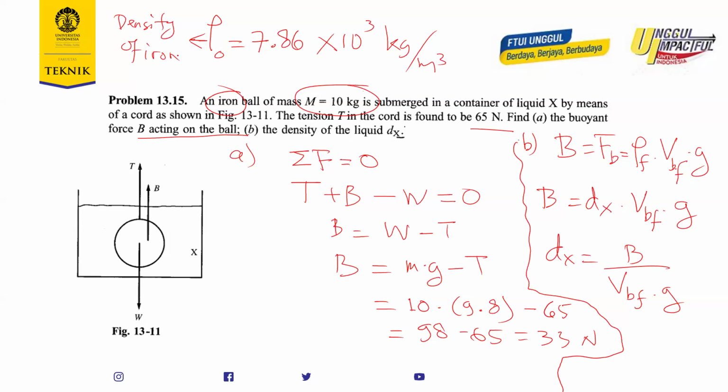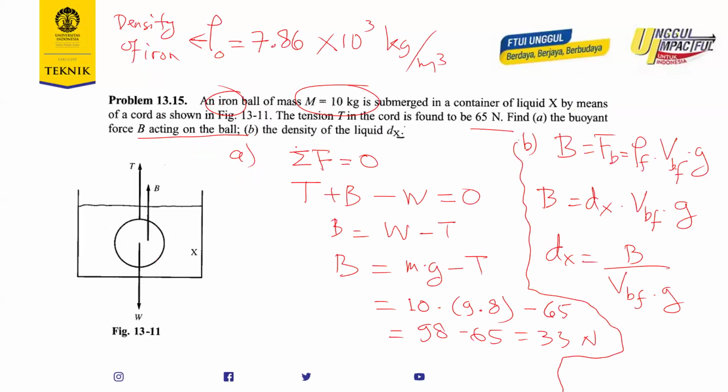So we can calculate the volume first. The density of the object is the mass of the object divided by the volume of the object, so the volume of the object is the mass divided by rho O.